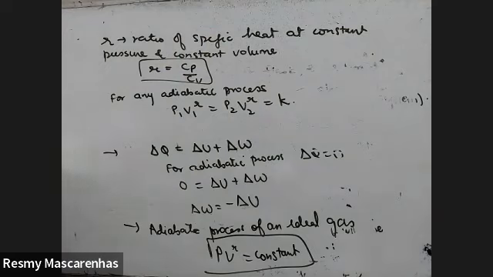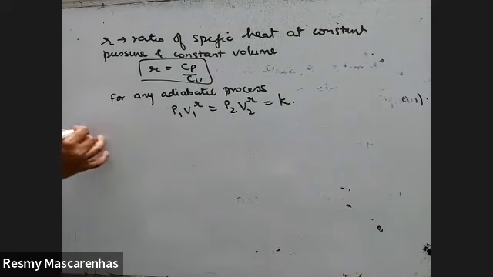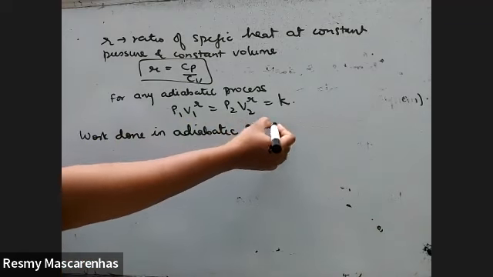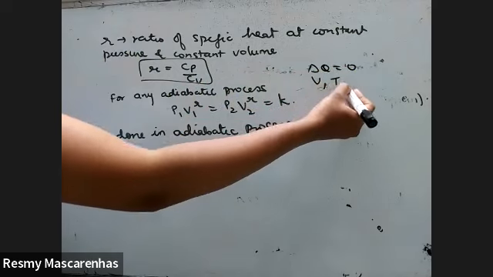Now we will see what the work done is for an adiabatic process. For an adiabatic process, there is no heat exchange, delta Q is 0, but volume, pressure, temperature can still change.